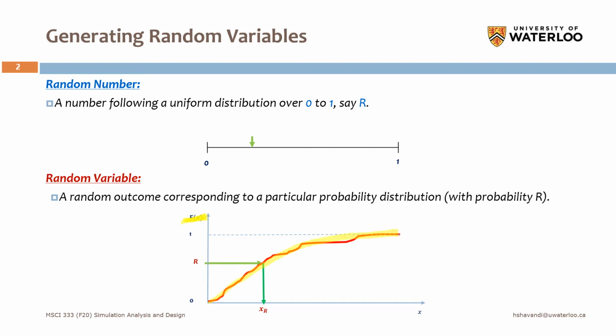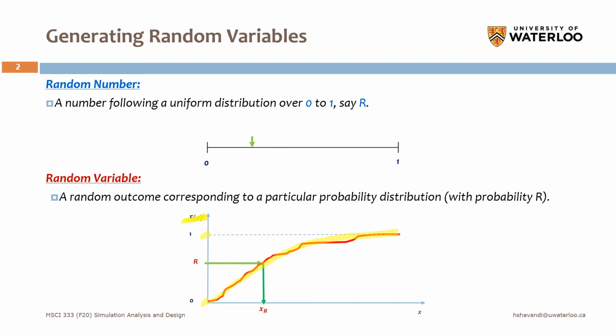It should be increasing over x. Now we know that the probability is always between 0 and 1, and the sum over all the probabilities should add up to 1. So the value of Fx will be between 0 and 1.